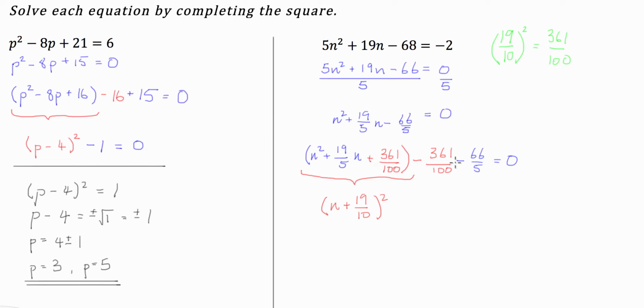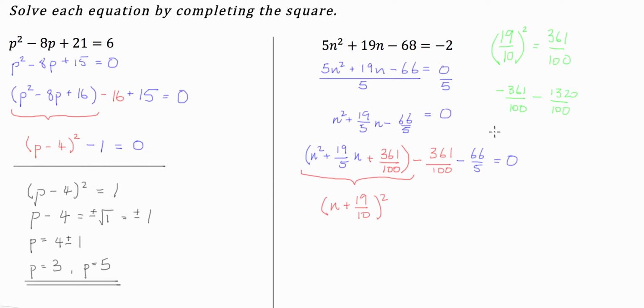We then combine these two terms together, and we'll do a bit of side working out here. Basically we have negative 361 over 100, and we have to take away something over 100. To get 5 to 100, we have to multiply it by 20. 66 times 20 is 1,320.